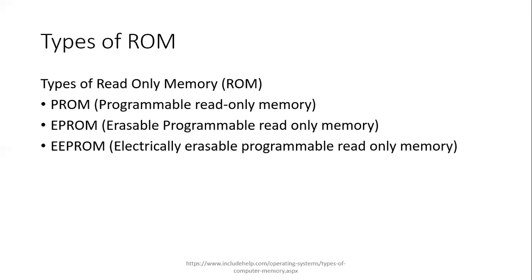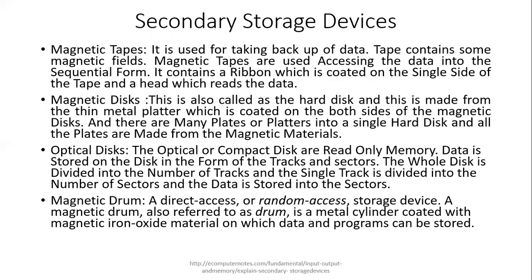There is no need for ultraviolet light, and we can erase only portions of the chip. There is no need to erase the whole memory, but we can remove the data from certain portions of the chip. So this is the version that generally we find in systems nowadays.